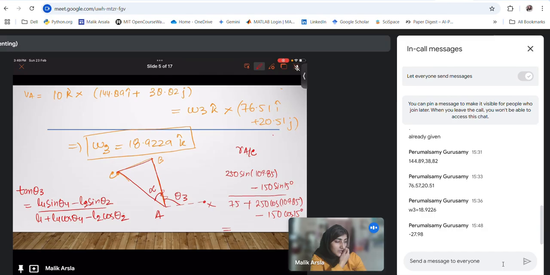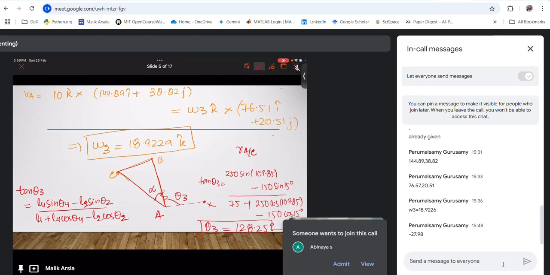So this is basically equal to tan theta 3. Okay, 20 minus 27.98. Oh, I guess it's not correct. 27 shouldn't be the answer. So you must be making some mistake, check it again. Theta 3 is coming out to be 128.25 degree. Okay, this is the correct answer.